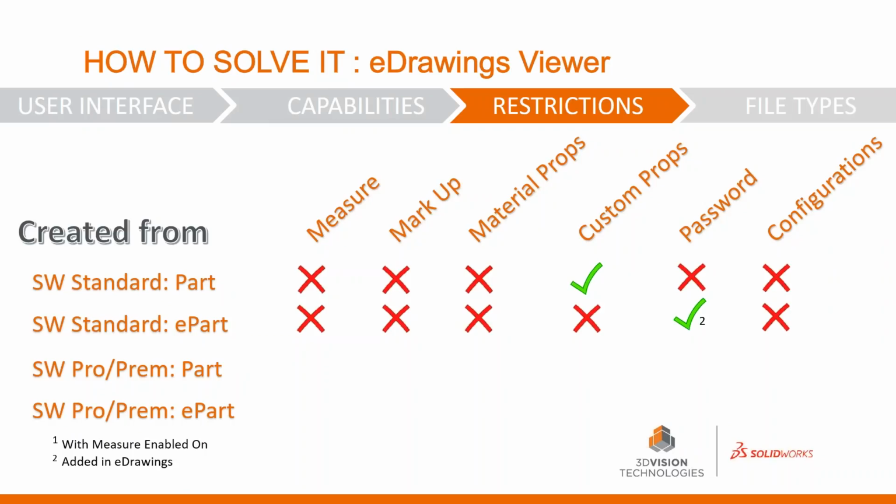In the ePart, we can't add that password, which is the new functionality in 2017 at the eDrawings level. Remember we had configurations of that part. We didn't have either option there to view the configurations, just the current one as it was saved. And with the SOLIDWORKS part, we do have the ability to view those custom properties.